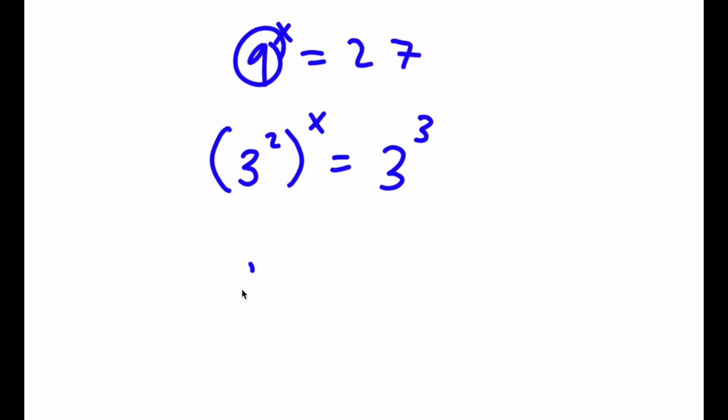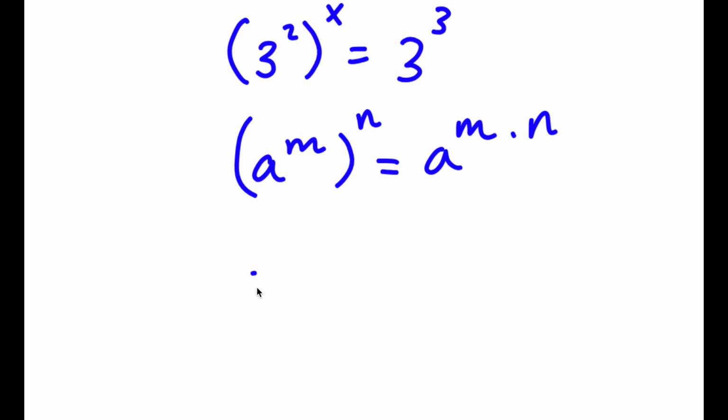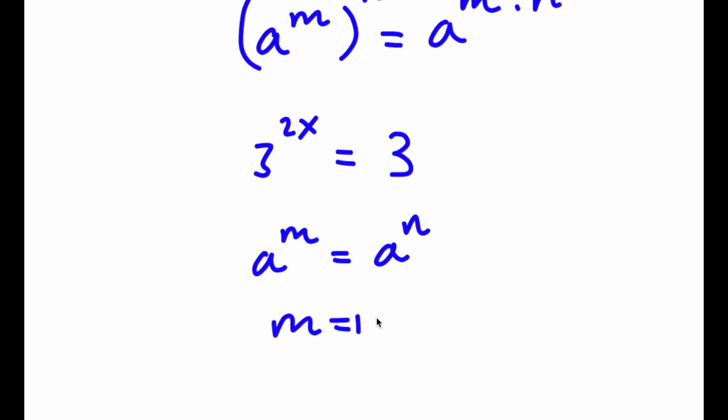And if I have something in the form a to the power of m to the power of n, this is equal to a to the power of m times n. So 3 to the power of 2 to the power of x, that's going to equal 3 to the power of 2x, which is equal to 3. And if I have something in the form a to the power of m is equal to a to the power of n, this means that m is equal to n. So in this case, n is 1.